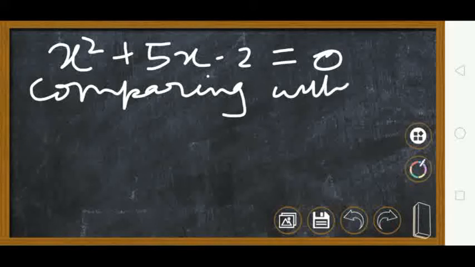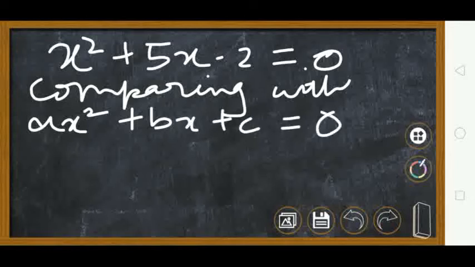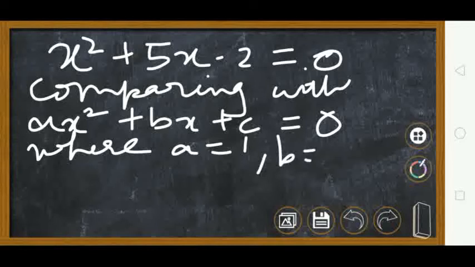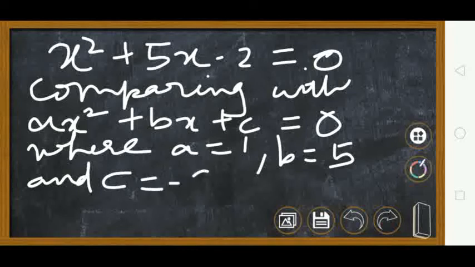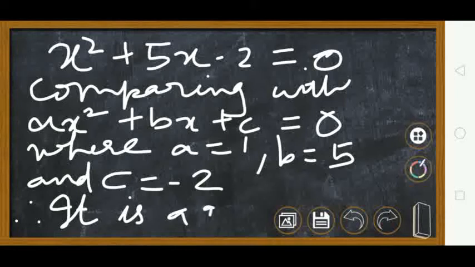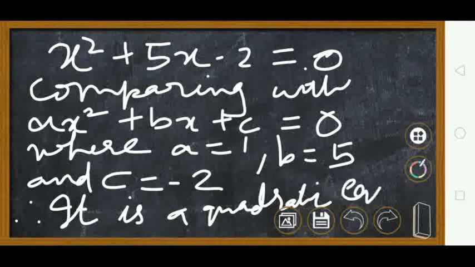Comparing with ax square plus bx plus c equal to 0, where a is equal to 1, b is equal to 5 and c is equal to minus 2. If you don't write this, you are going to get 0 in the exam. Therefore, it is a quadratic equation. Okay? So this you have to write always in your final conclusion when you are saying that.